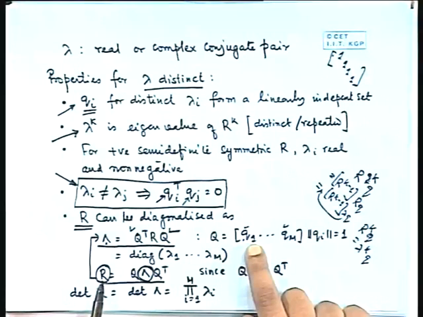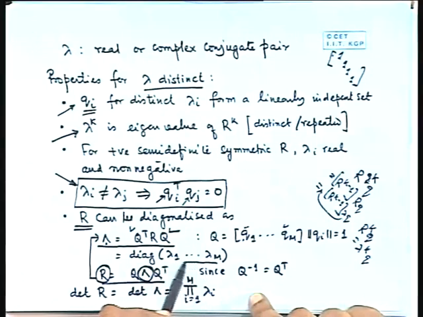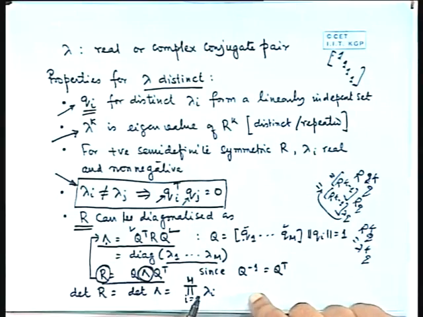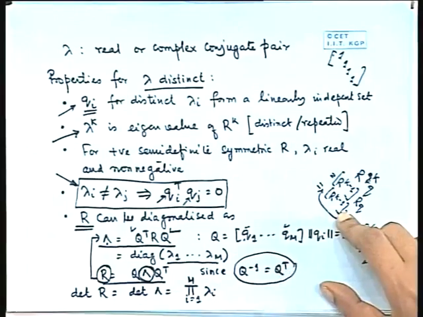First of all, any matrix R can now be broken up into this form, where gamma is a diagonal matrix, and the elements of gamma are the eigenvalues. So gamma will be lambda 1, lambda 2, lambda 3, lambda 4 as a diagonal matrix. And not only that, these matrices are such that q inverse equals q transpose.